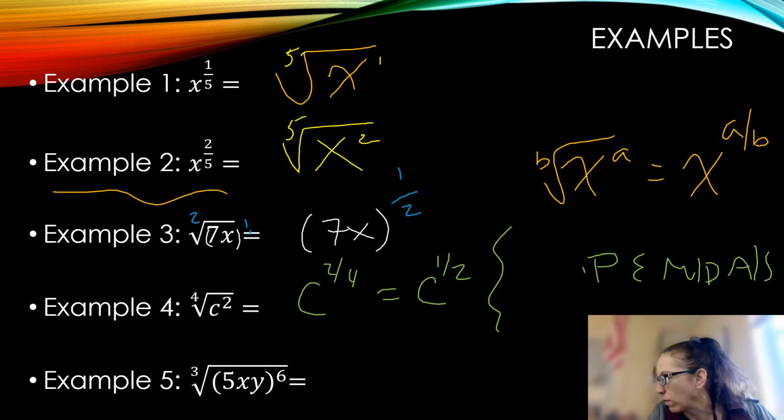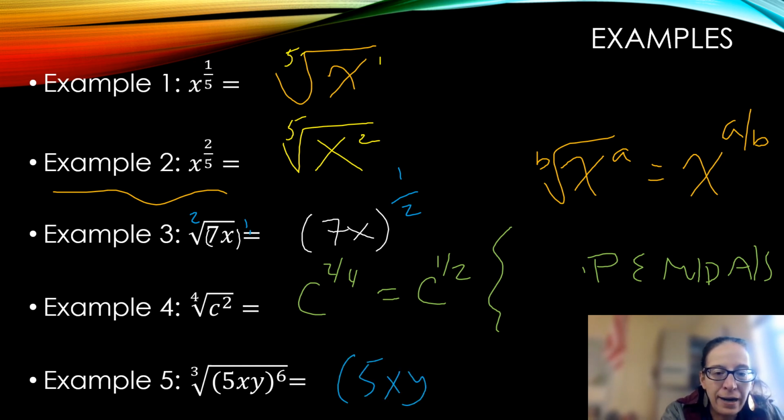All right, and then our last one, we have the cube root of 5xy all to the 6th power. And so I guess that's already grouped. I guess we'll keep that nice and grouped. And we will do 5xy.